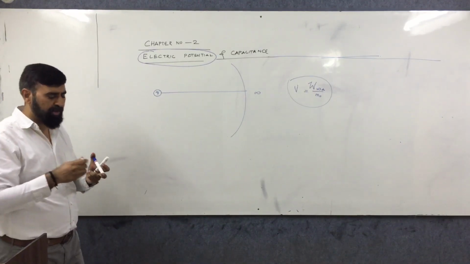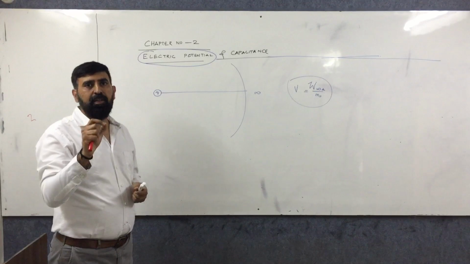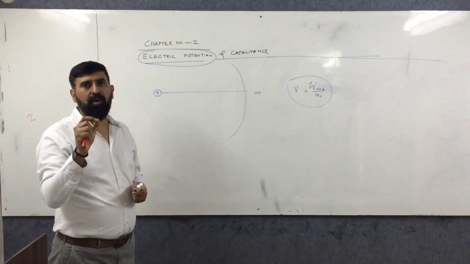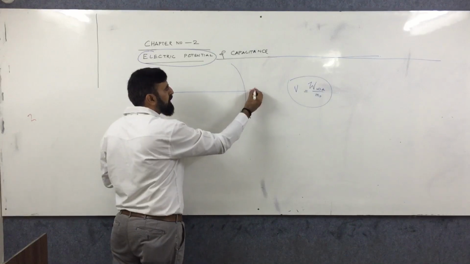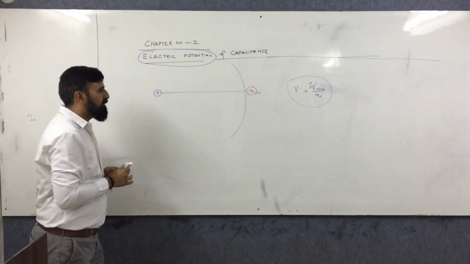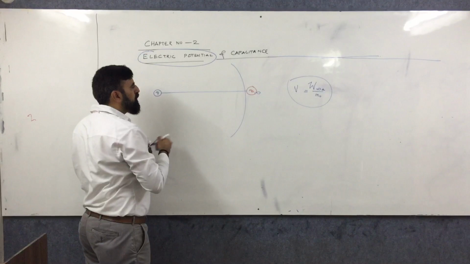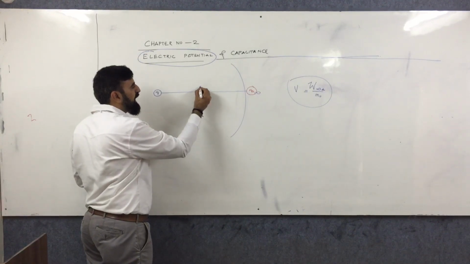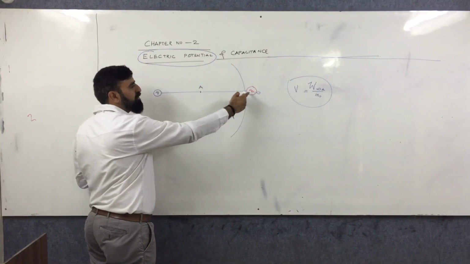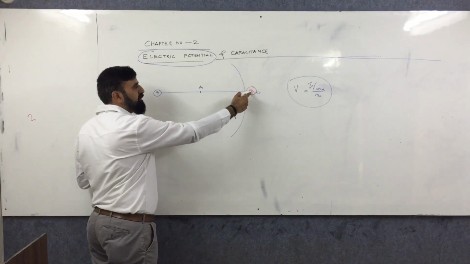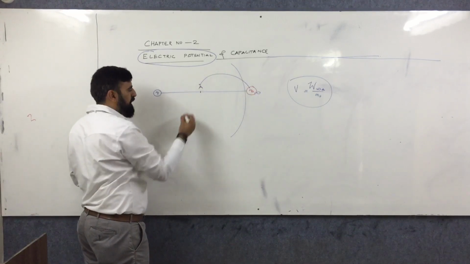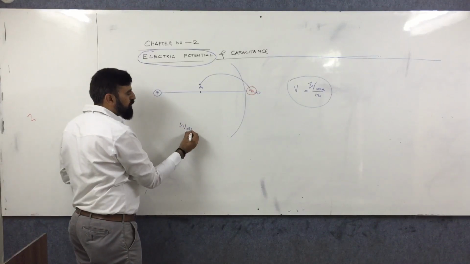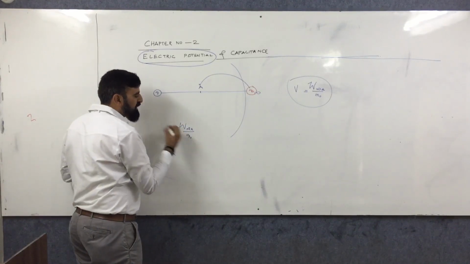So how do we define electric potential? Electric potential is the work done to move a test charge, Q0, from infinity to a given point, let's say A, per unit test charge.